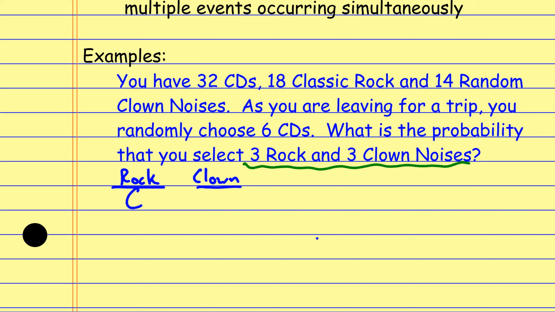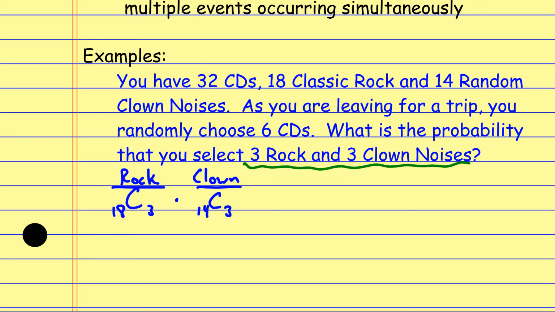And for the rock CDs, there are 18 of them, and we want 3, so it's 18 choose 3, so I do a combination for that. For the clown noise CDs, well, there's 14 of those, and I want 3, so it's 14 choose 3, all right? And then from here, I would multiply those because, well, one, it's an and, 3 rock and 3 clown noise CDs, but also it's our fundamental counting principle, all right?